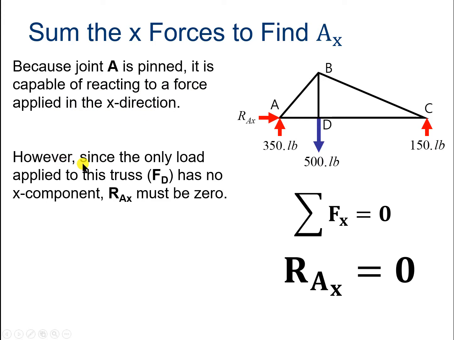However, since the only load applied to this truss, which is F sub D, has no x component, RAX must be 0. If you just look at this free body diagram of the truss, you don't see any arrows other than RAX that are going horizontally. So the sum of all the forces in the x direction amounts to just RAX, and that equals 0. Nothing's pushing on our pinned support here in the horizontal direction.